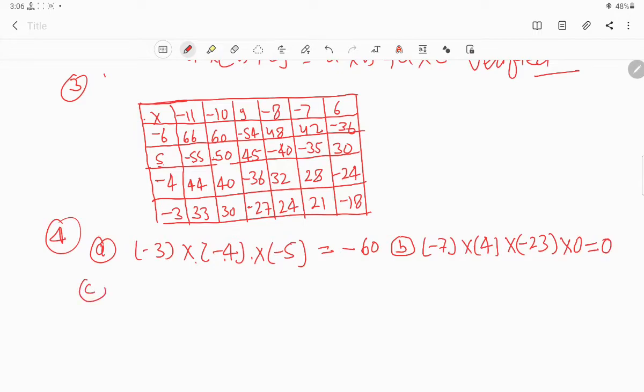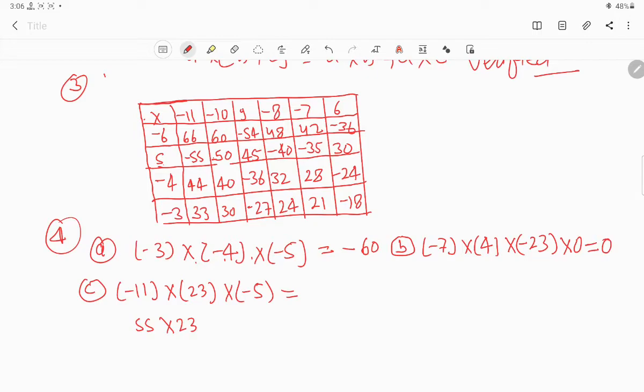Question number C: minus 11 into 22 into minus 5. Here 2 negative terms are coming, so you multiply minus 5 and minus 11, that is 55, into 22.